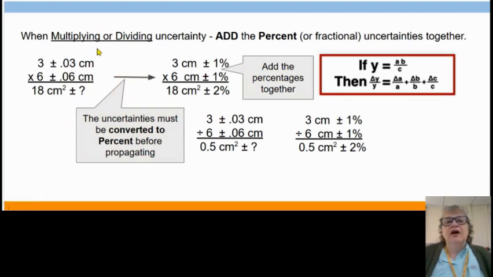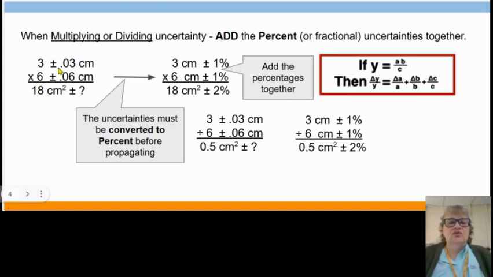When you're multiplying or dividing, you have to add the percent uncertainties together. This is the reason why we learned how to change from absolute to percent. If the uncertainty is in absolute form, you have to convert it to percent before propagating, right?